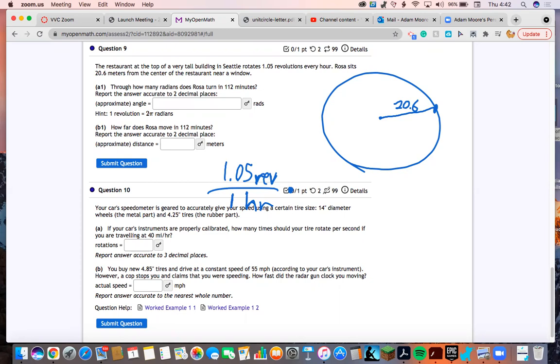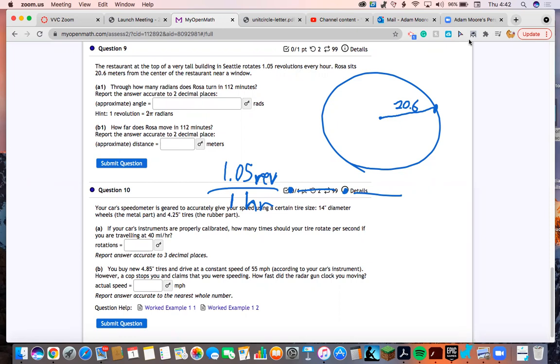But if you have a tough time feeling that out, a really popular trick is to multiply by the property of ones, canceling out units like revolutions and turning them into radians. And then we'll cancel out hours and turn them into minutes. Of course, you can tell that minutes and hours are related: every 1 hour is 60 minutes.